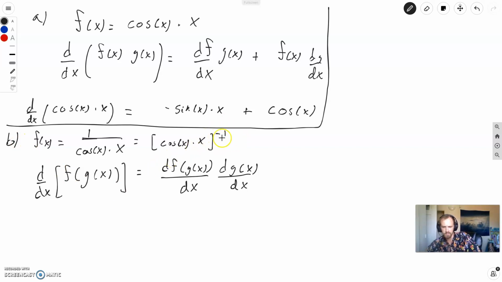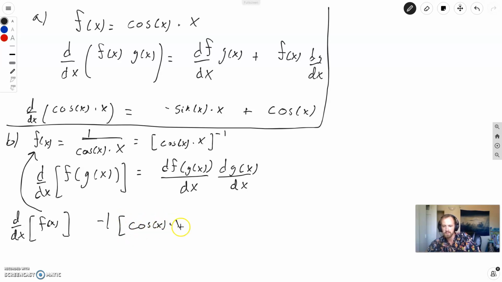So let's see how that works for this one. For the outside that we're dealing with, this problem is this negative 1 exponent. If I want to take the derivative of f of x, then I will get the derivative of the outside, which is negative 1, while leaving the inside alone, cosine of x times x, and then the exponent gets knocked down, so this goes to minus 2.